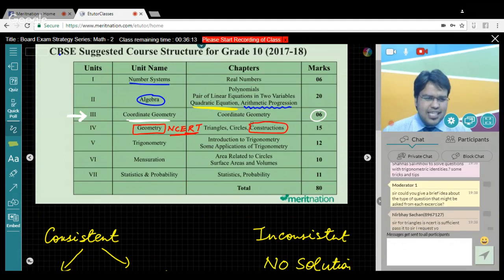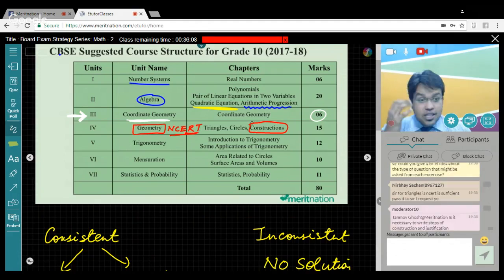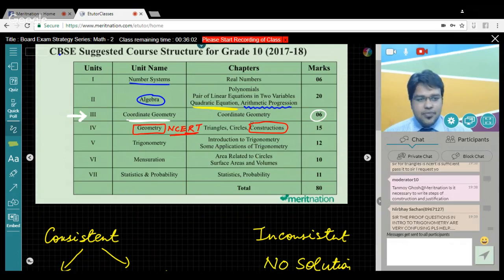Constructions, I'm sure you have seen already. If you can get the logic, the algorithm of why we are drawing this, the why of constructions, then construction is very easy. The 3 types of constructions are basically dividing a line segment into an m:n ratio. That is done by 2 methods, and you can do it by any one.